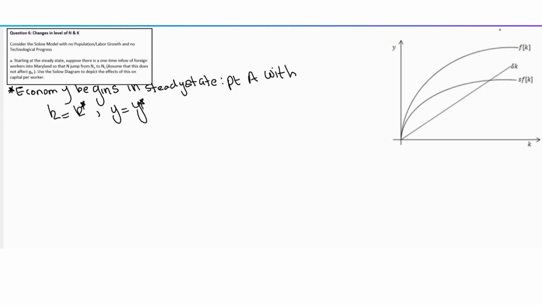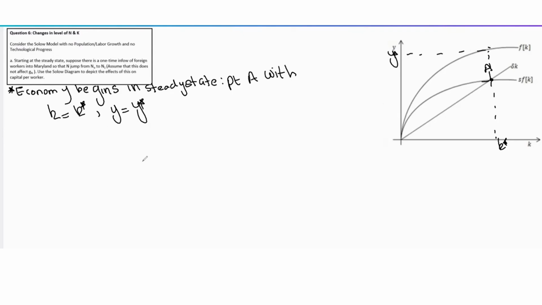Let's mark it here. So this is capital per worker, K star, in steady state, and output per worker is measured from your per worker production function F(k), so this is Y star.